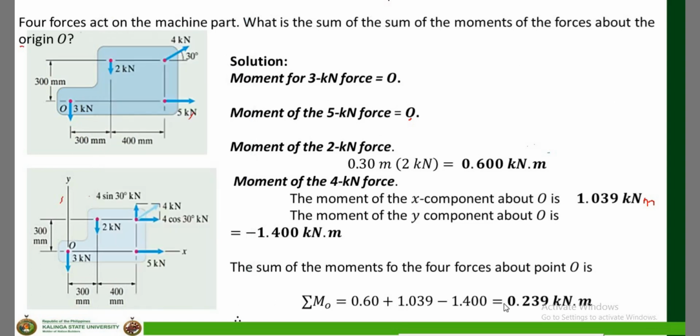And this is now the final answer. The sum of the moments of all the forces in this problem is equal to 0.239 kilonewton meter. And since the resulting answer is positive, therefore this is clockwise.